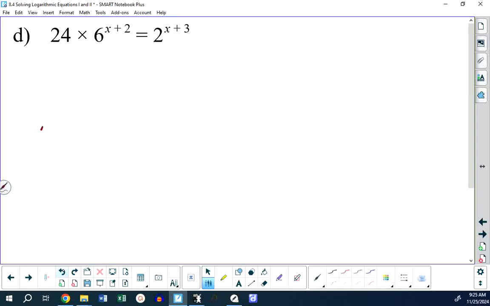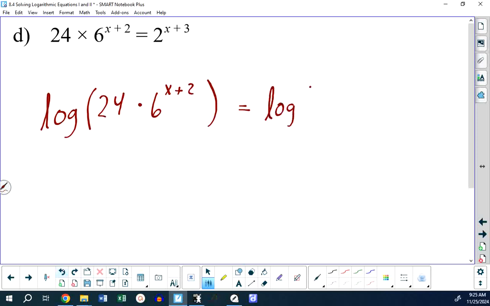What are we going to do here? We're going to take the logarithm of both sides. But we cannot move this exponent on the base of 6 out in front, because it's not a logarithm of just that, it's the logarithm of something times that.